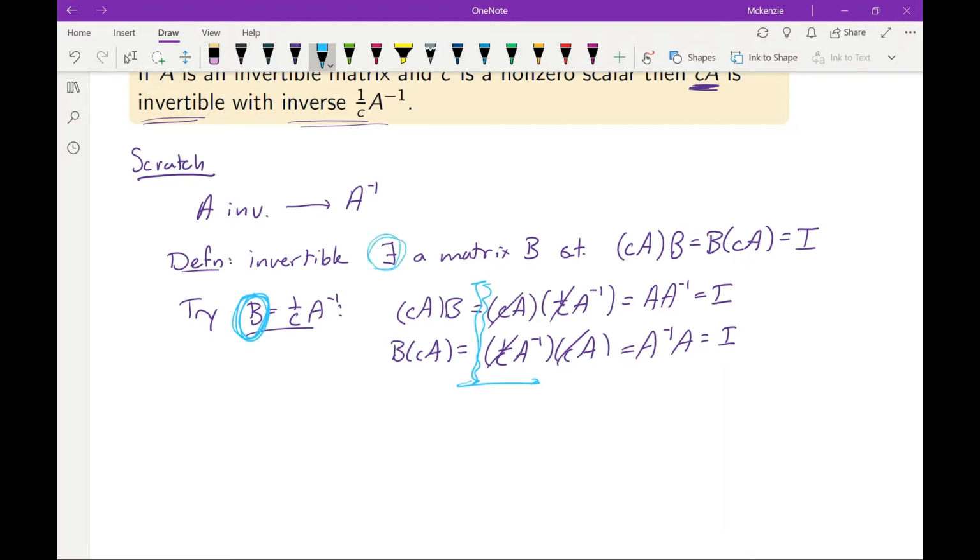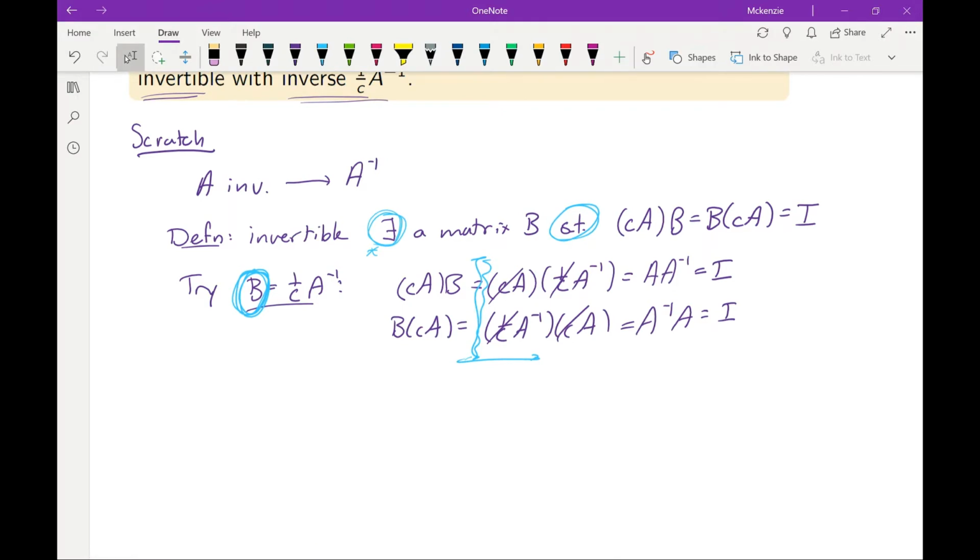I used the backwards E for there exists. We'd never want to use these symbols in a proof. We only want to use them in our scratch work, and similarly things like S.T. for such that. So let's go ahead and start the proof.